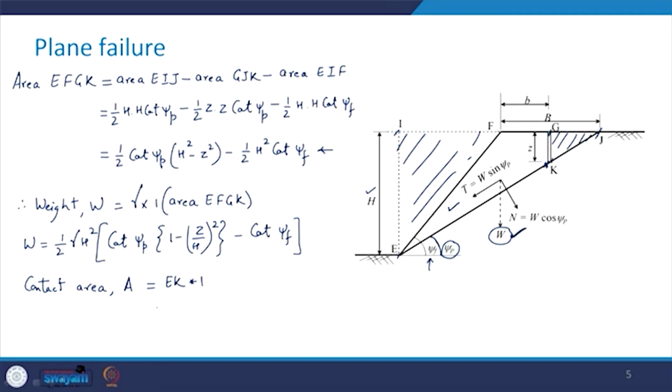So, this is what you are going to get as (h minus z) cosec psi p, simple trigonometry EK.